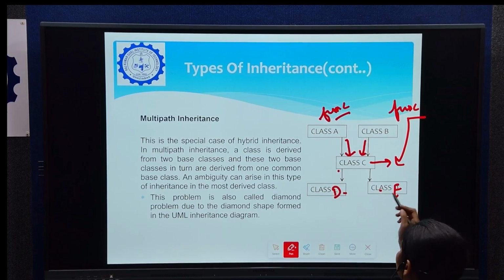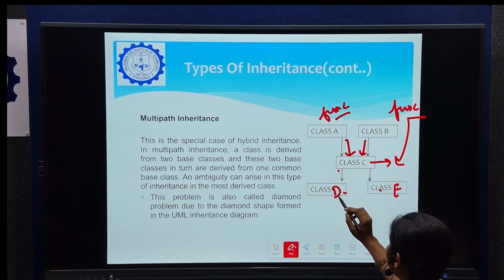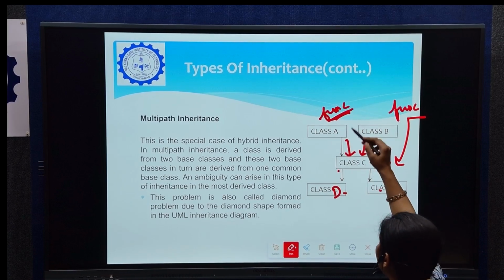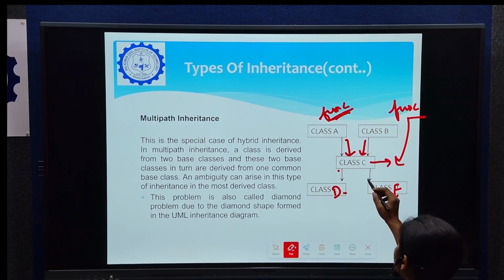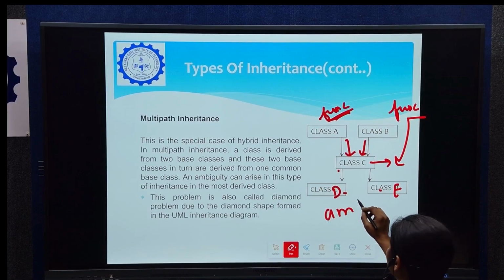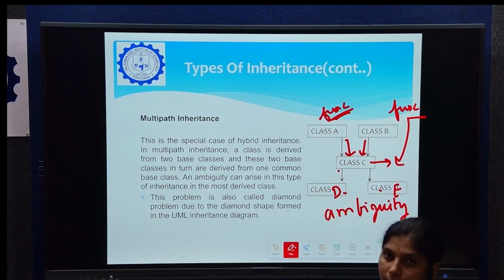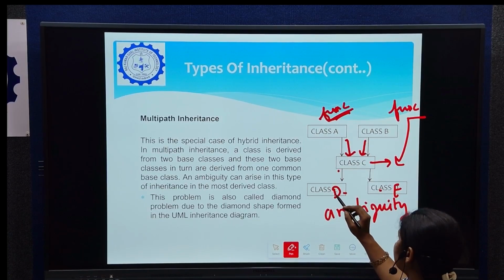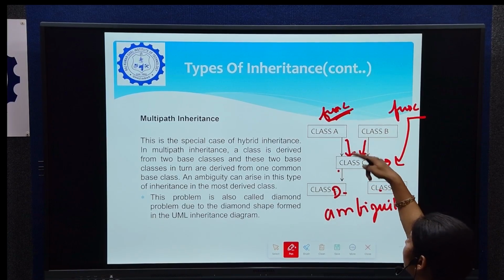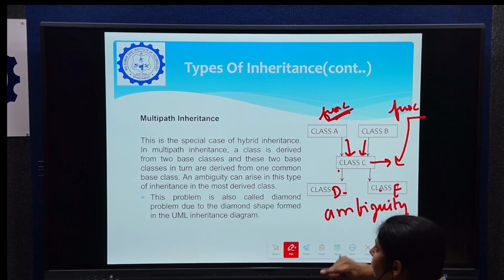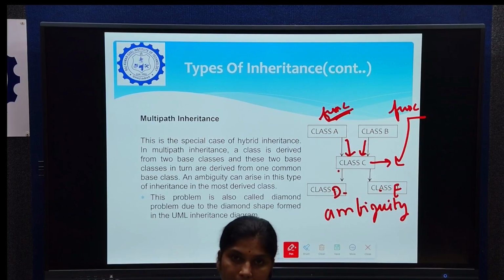If class D wants to access FUNC, then a problem occurs that is called the ambiguity problem. Class D is unable to understand which function to call, the class A function or the class B function. This is multipath inheritance.